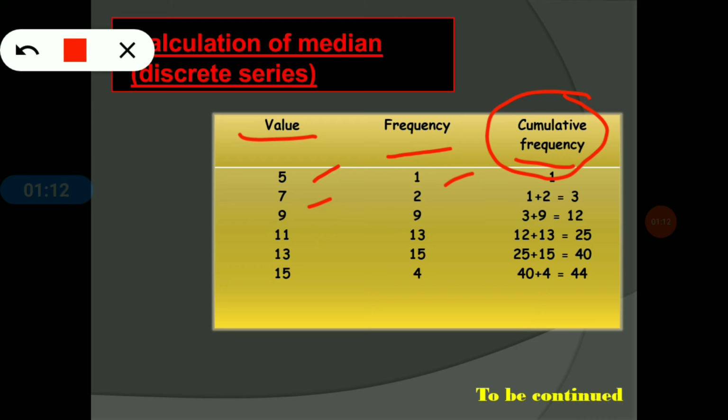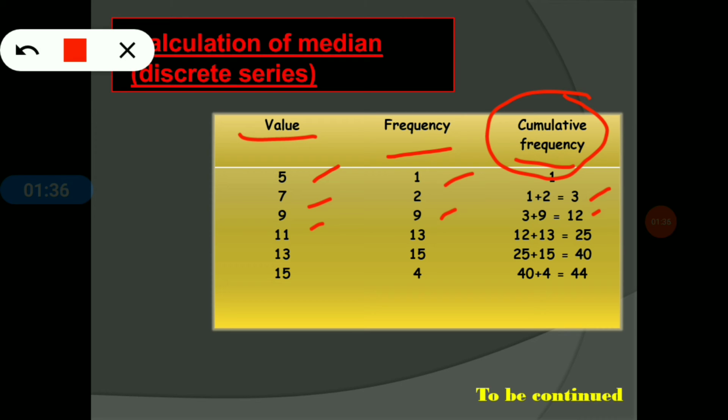The previous class cumulative frequency is 1 and the present class frequency is 2. So 1 plus 2 is equal to 3. Now going to the third one. The cumulative frequency of the previous class is equal to 3, and the frequency of the present class is equal to 9. So 9 plus 3 is equal to 12.